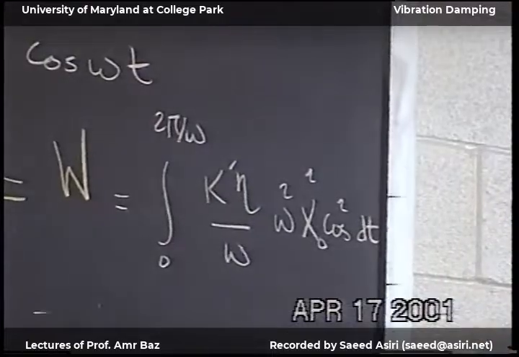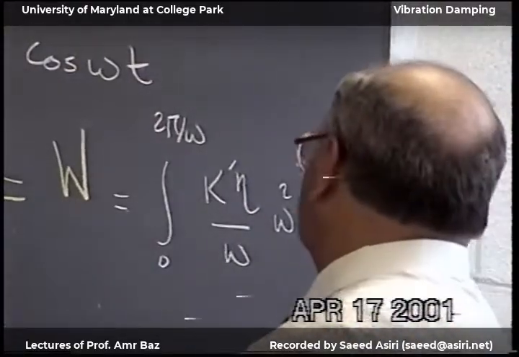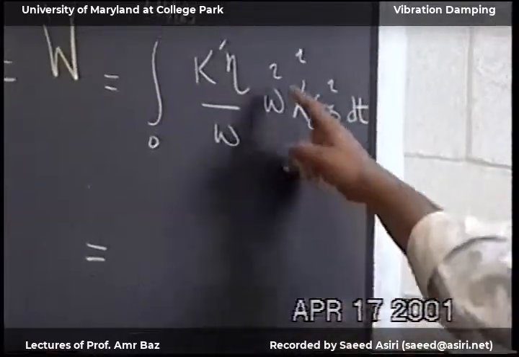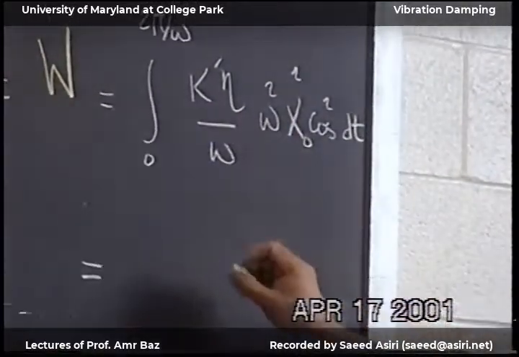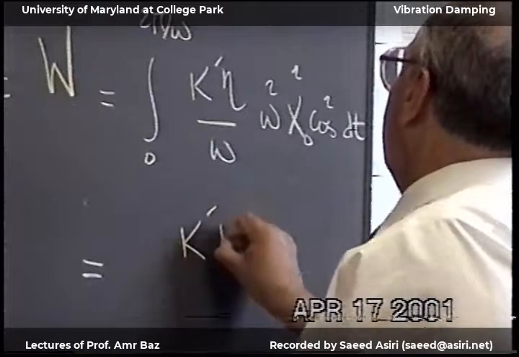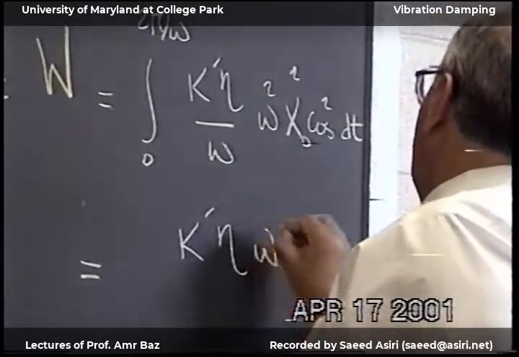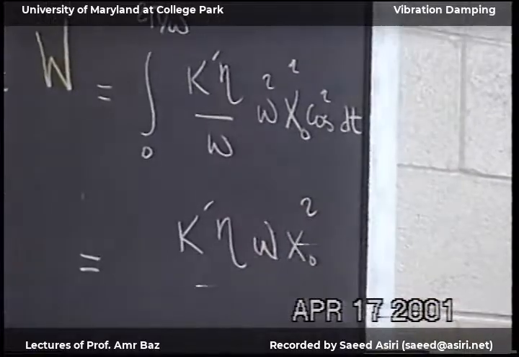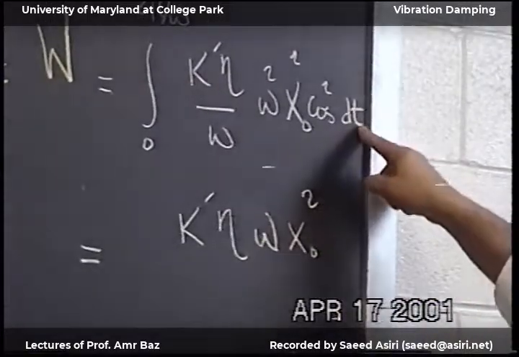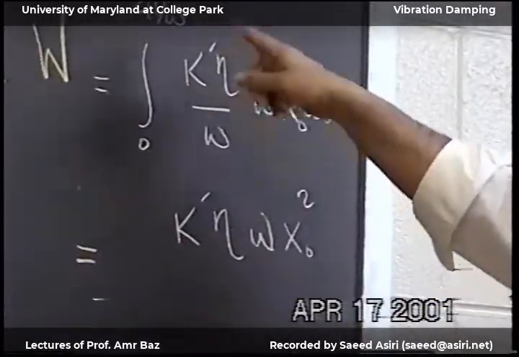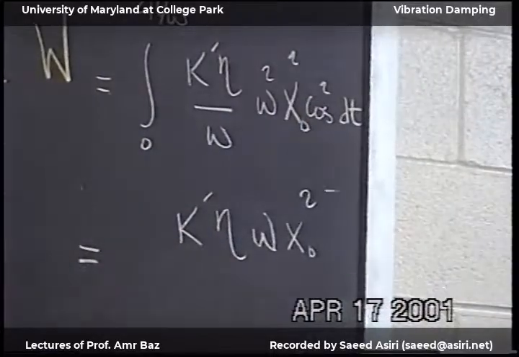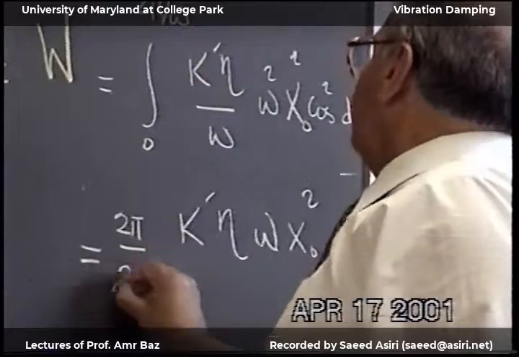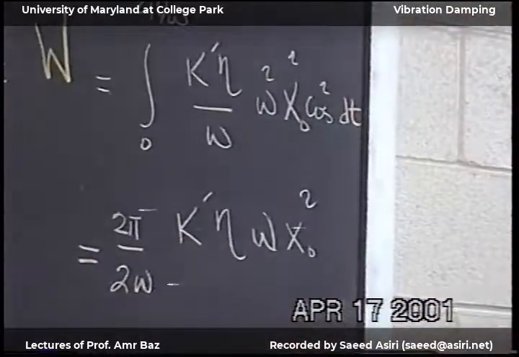Now integrate. One of the omegas will cancel with the other omega. I'll have k bar eta omega x naught squared. And then the cosine squared between the limits will be the limit over 2, so this would be times 2 pi over 2 omega.